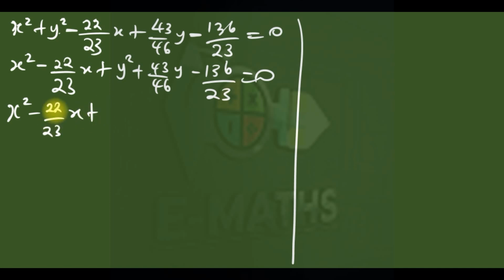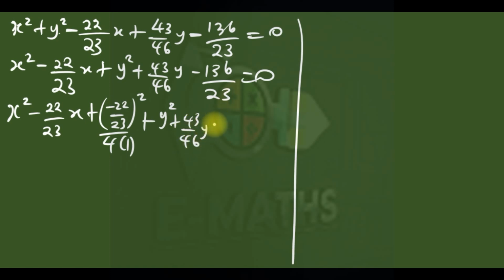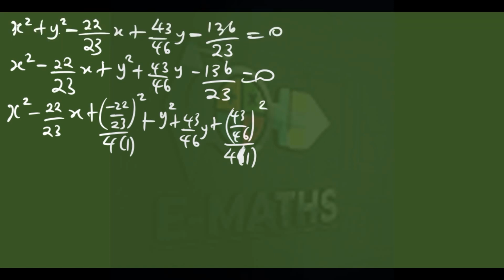To make it, we always add b squared, that is, minus 22 over 23 squared over 4 times the coefficient, which is 1. Have you seen why I did it? So plus y squared plus 43 over 46y. We always add 43 over 46 squared over 4 times 1.